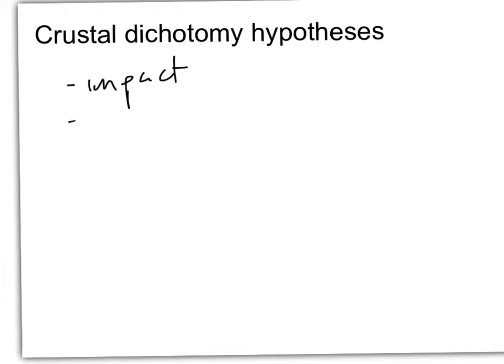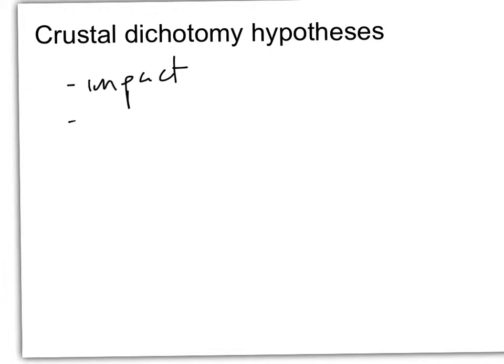That's one hypothesis, but science is most productive when we can come up with multiple hypotheses and then test among them. So what would be some other processes that would lead to all of the continental area, all of the thicker continental crust being in one area and all of the thinner crust being in another area?